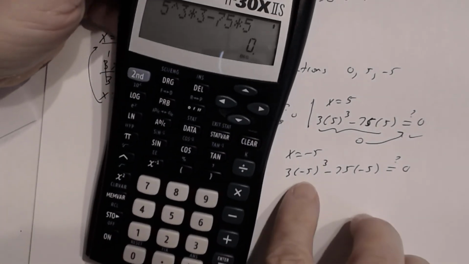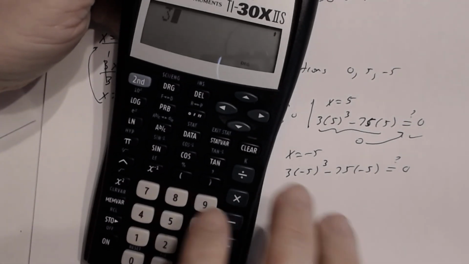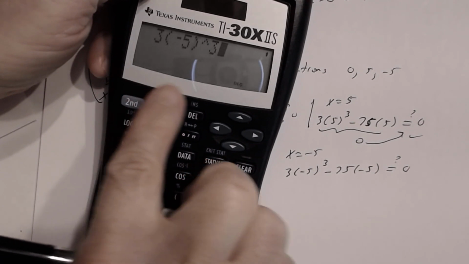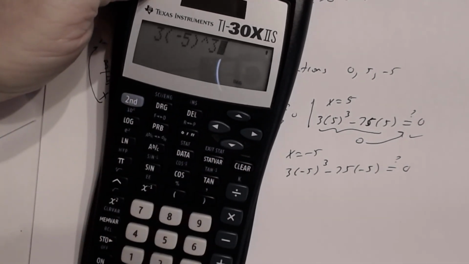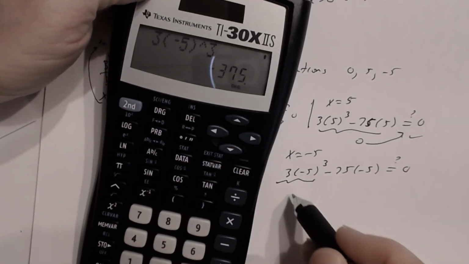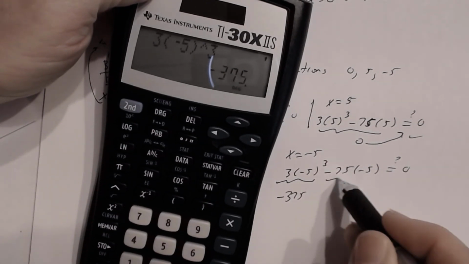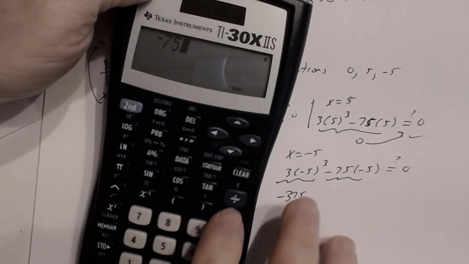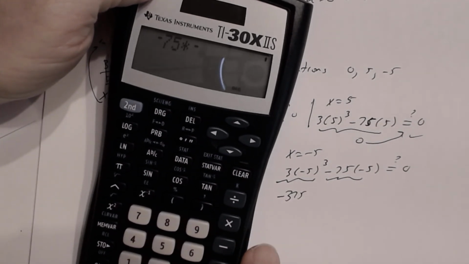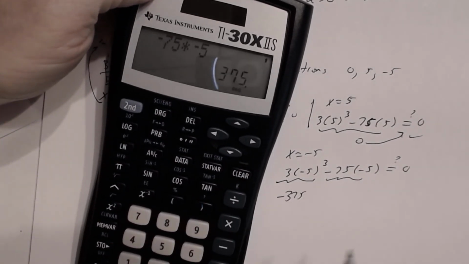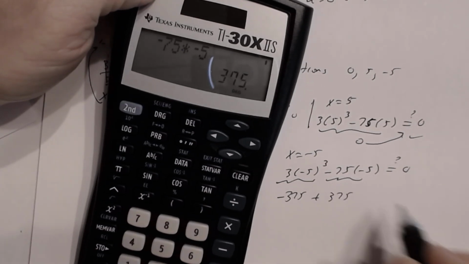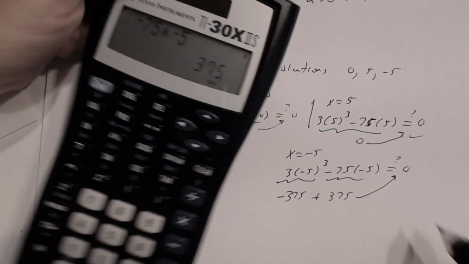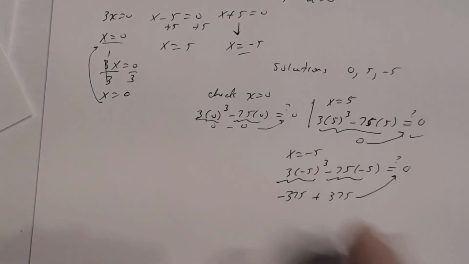So 3 times negative 5 raised to the third, equals, so you see this term right here is negative 375. Over here, a negative 75 times a negative 5 gives me a positive 375, right? And so a negative 375 plus a positive 375 is 0. Okay? All right, so those are your three solutions.